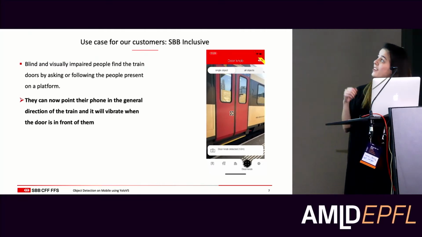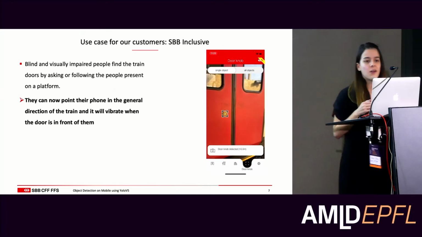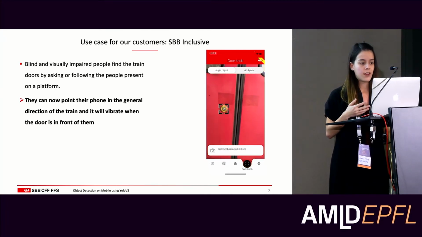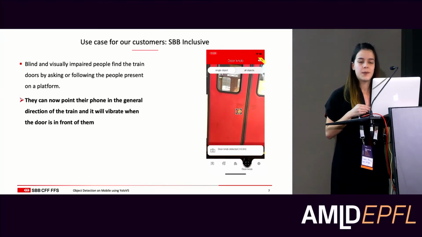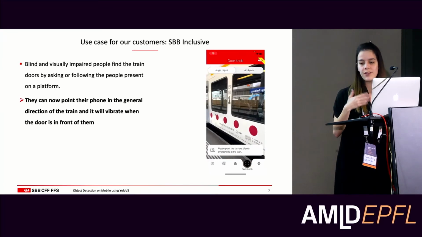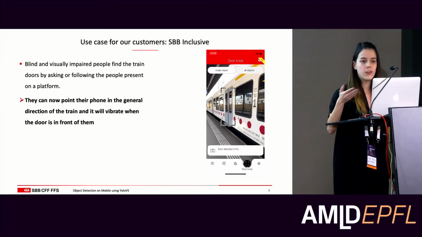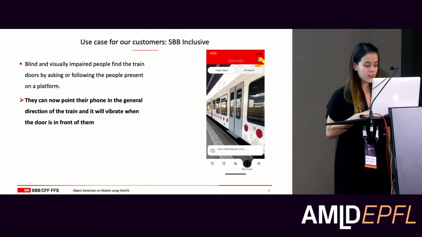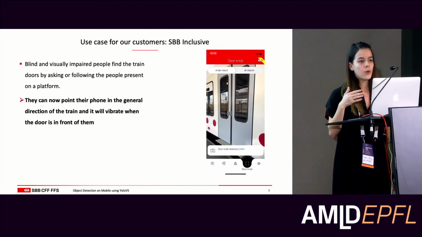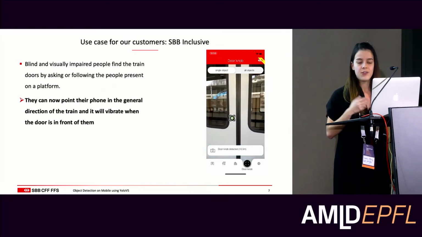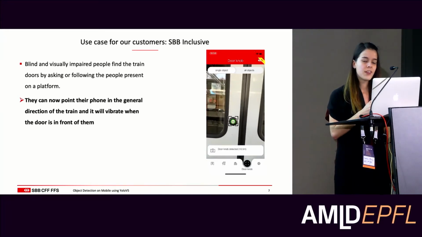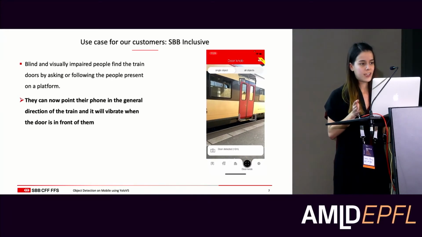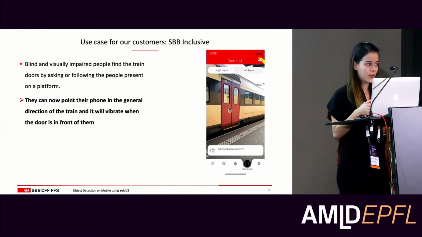So this is the application SBBML. This application is targeted at the moment at blind and visually impaired people, and it contains all the information that you would have when you go in a train station. The challenge that they had is that if they are on a platform alone and there is nobody there and the train arrives, they do not know which direction to take in order to find the doors of the train.